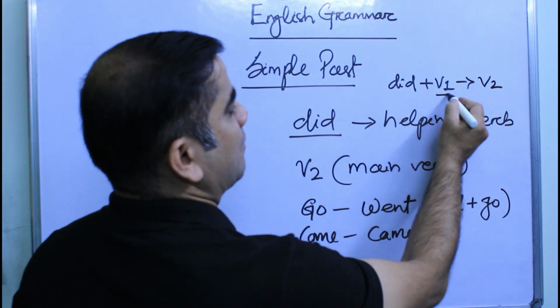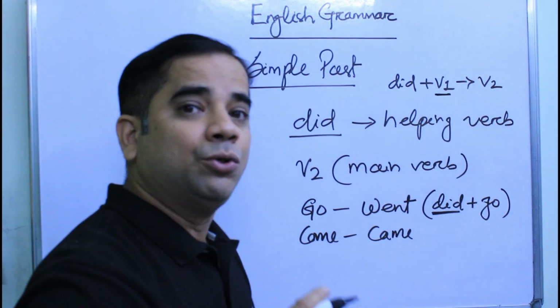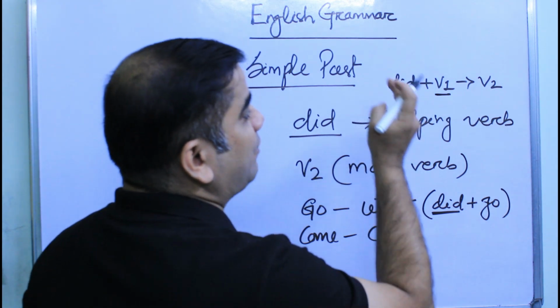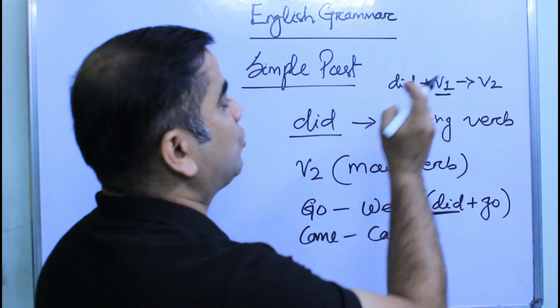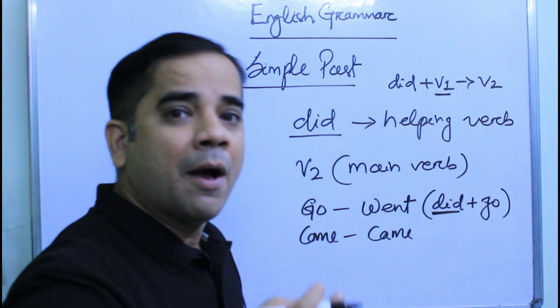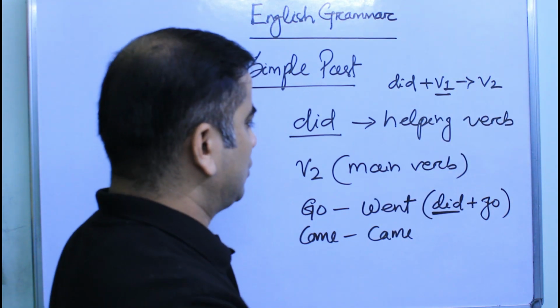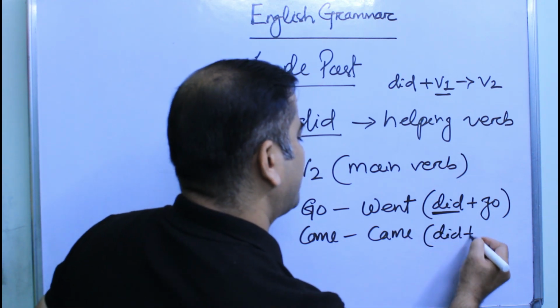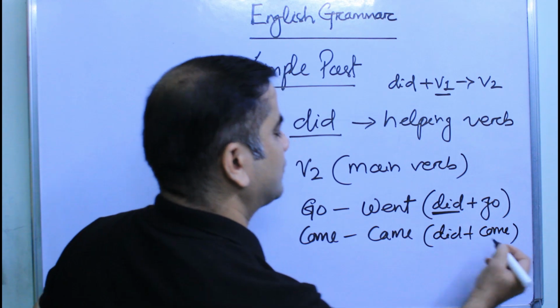This is the V1 form which is used in the simple present tense. We have already discussed. So when we use did with it, it goes to its V2 form, that is your past form of the verb. So here also come becomes came. Why? Because this is did plus come.